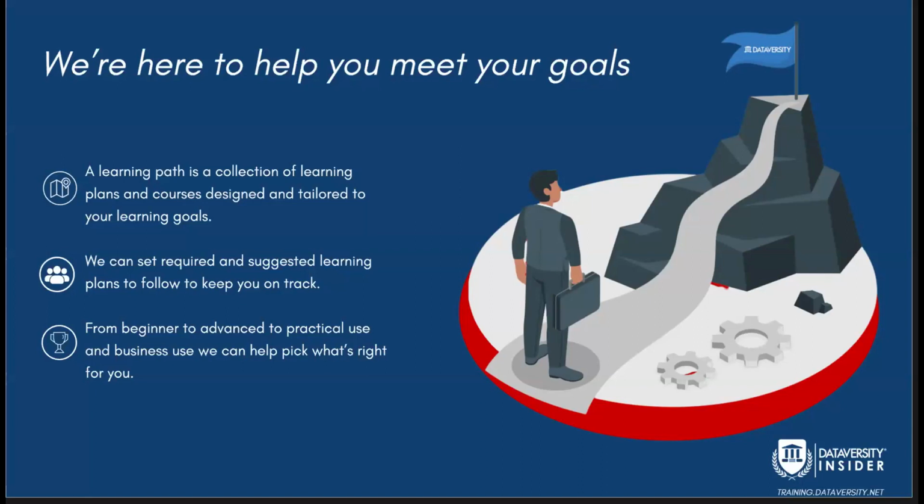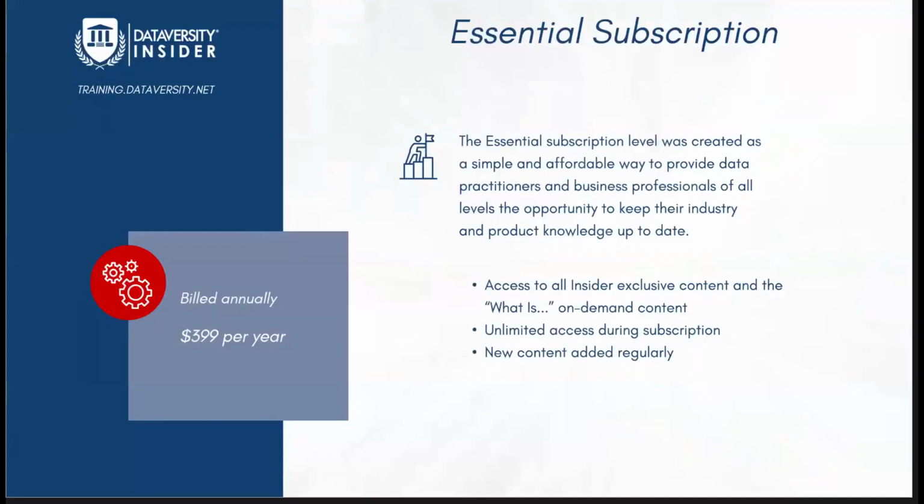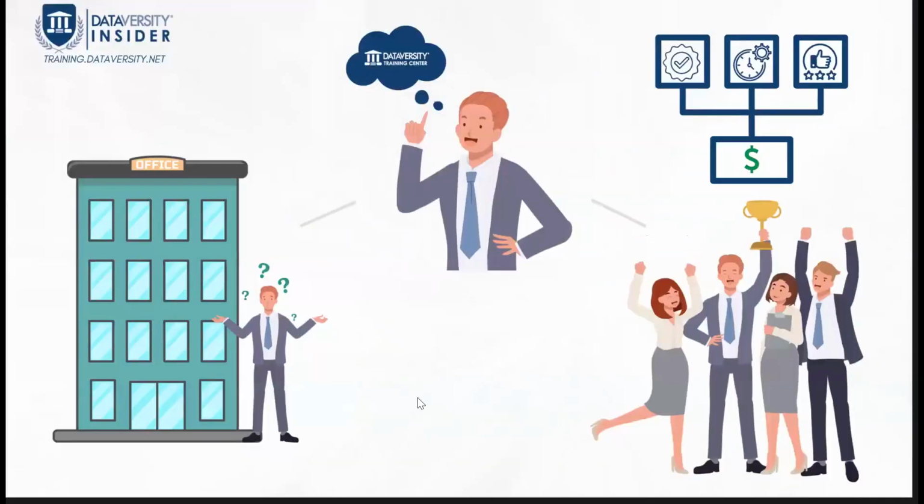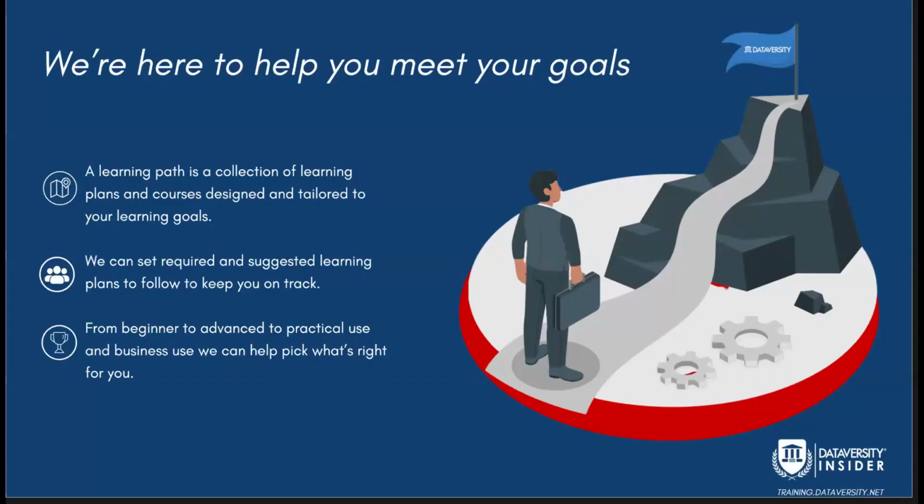You can choose one of our pre-selected options, or we can always set up a time to talk to go over what your specific learning needs are. Either way, rest assured, one of our training team members is here to help you stay on track and reach your training goals.